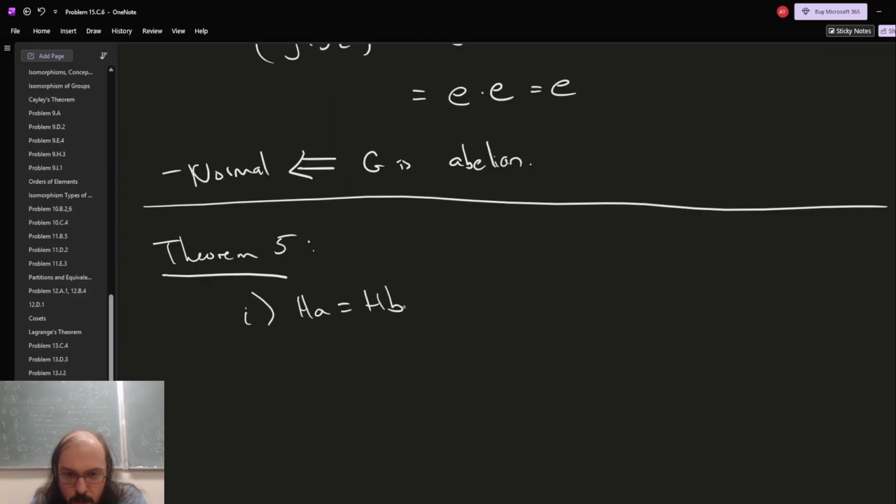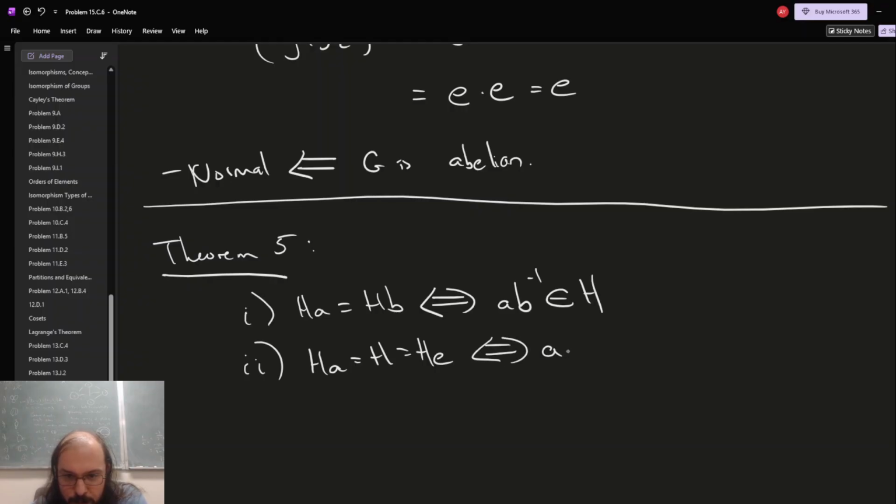It says H a equals H b, actually it's not just if, it's if and only if a b inverse belongs to H. And the second condition, H a equals H, which is the same thing as H e, if and only if a belongs to H. And I've actually been using this kind of reasoning previously when talking about absorbing elements into cosets.